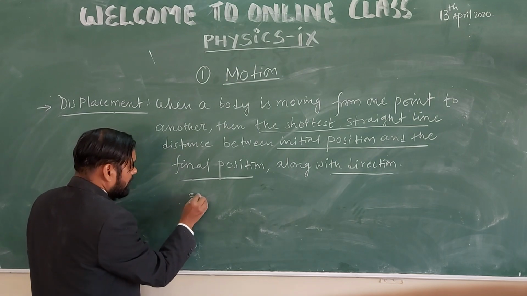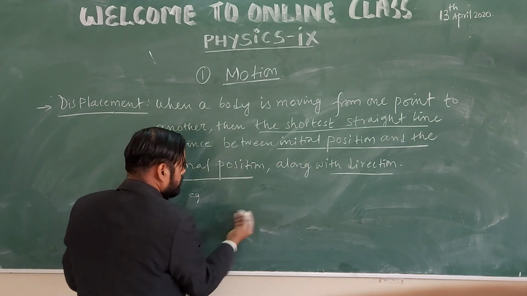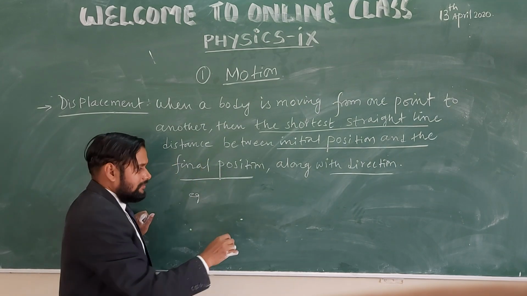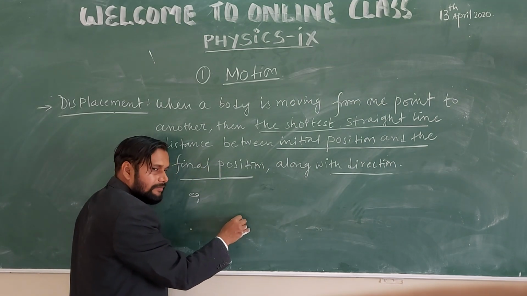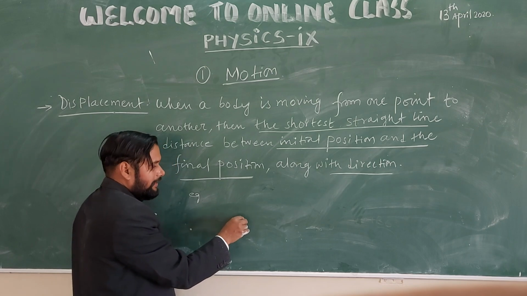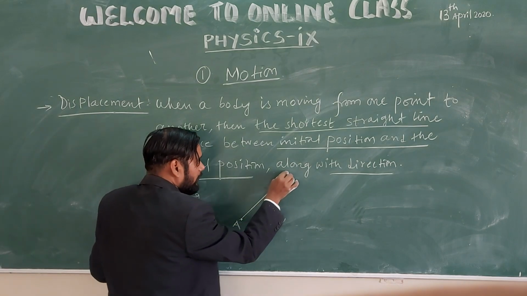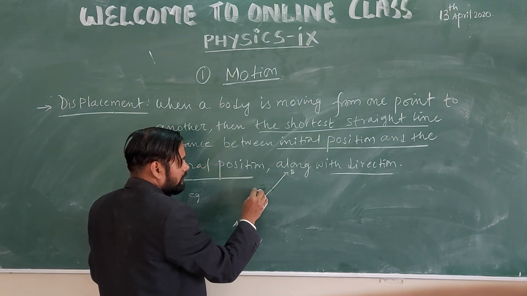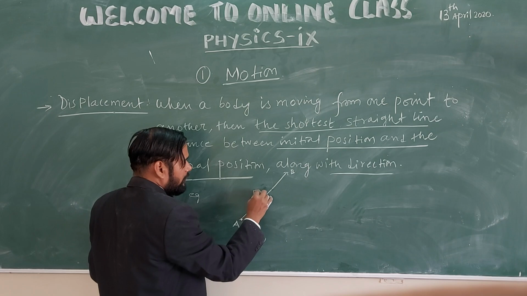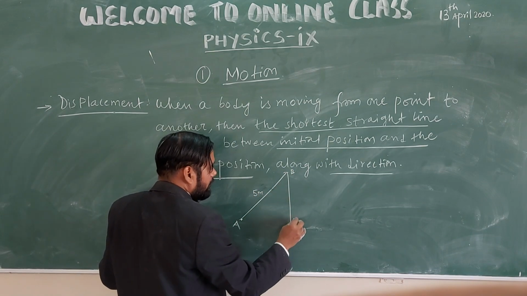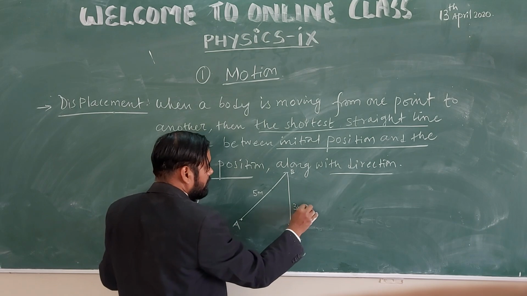See, the example is, for distance I have given an example that a body is at point A, then it starts moving and reaches point B and covers a distance of how much? 5 meter, then comes to point C and covers a distance of 3 meter.